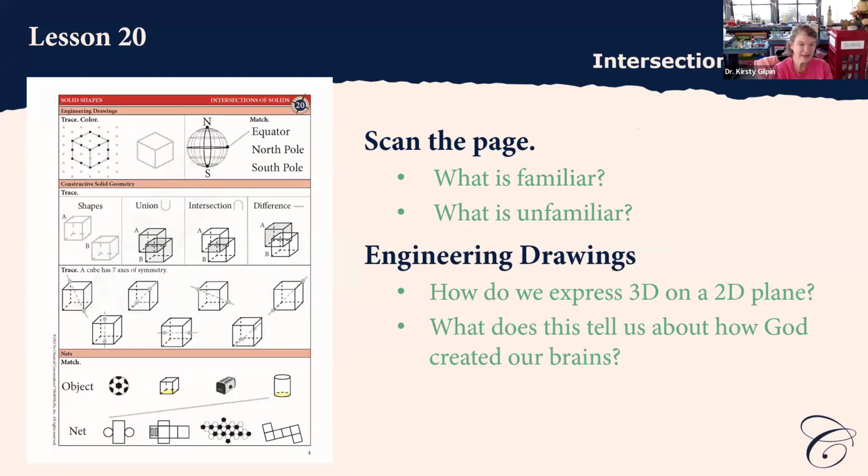All right. And our last page, speaking of engineering, right? Let's talk for a minute when we talk about our engineering drawings. How hard is it to look at 3D things on a 2D page?